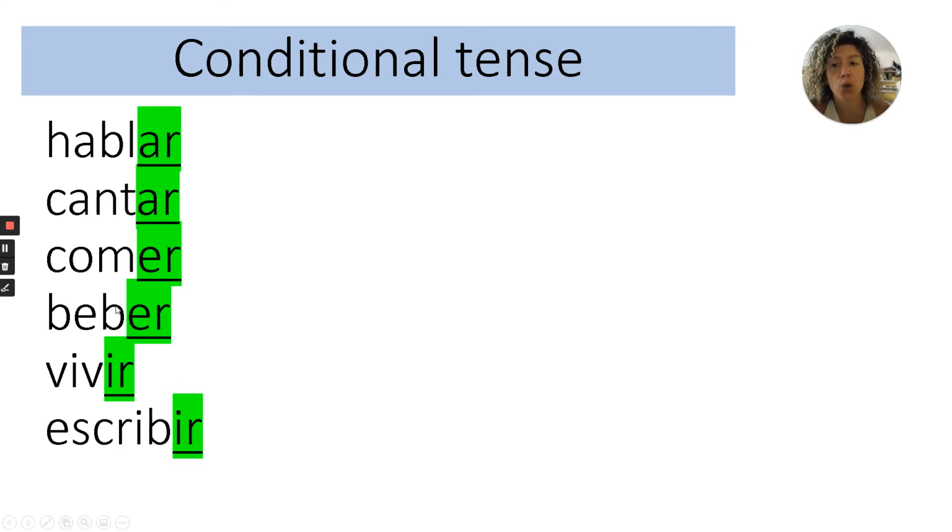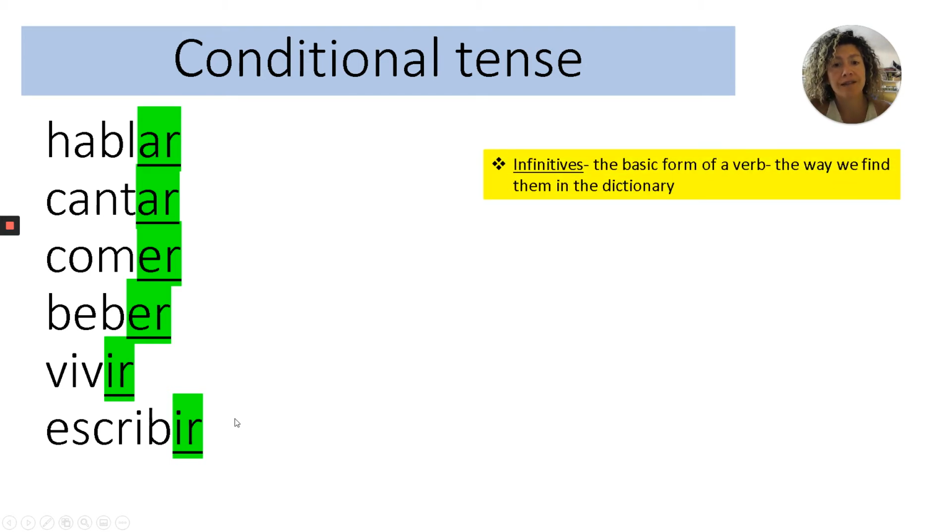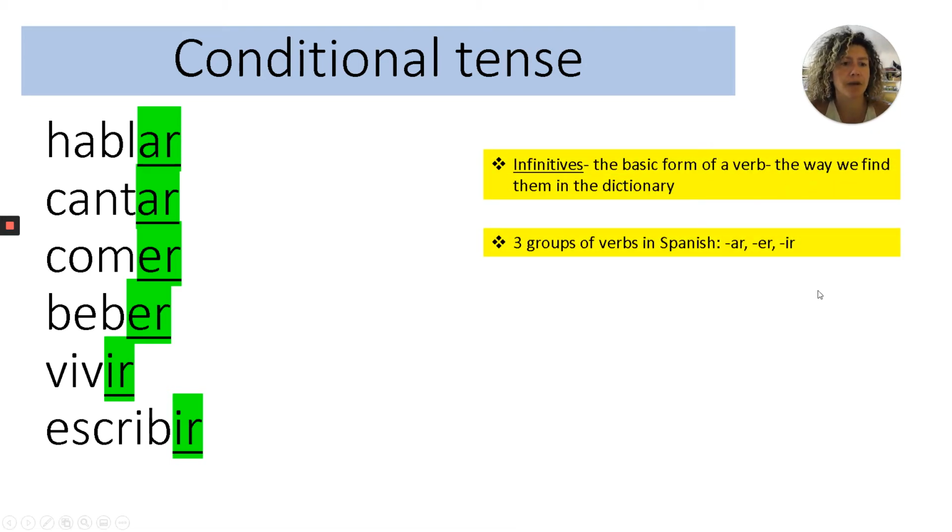In Spanish, infinitives end in AR, ER, or IR. So in Spanish we've got 3 groups of verbs, and that is going to help you. Remember this because it is very important when it comes to conjugating.